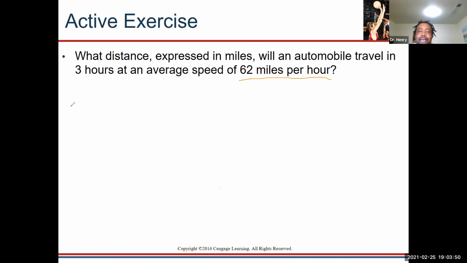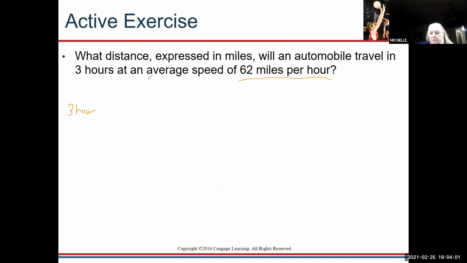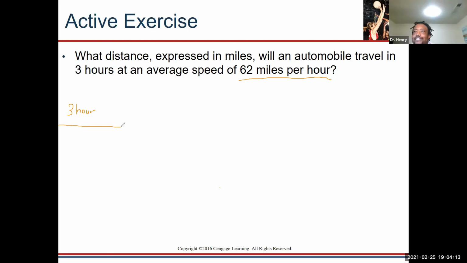Okay, I'll ask one more time. I heard 3 hours. 3 hours is my given. 62 miles an hour is given also. But is that an equivalency or a conversion factor? So we don't consider it either. So 3 hours.